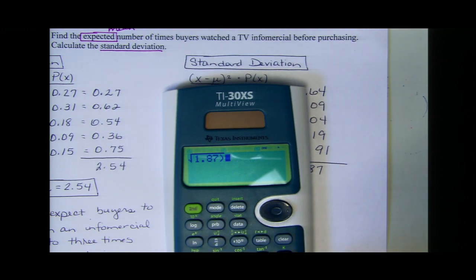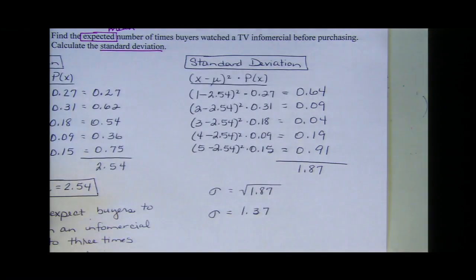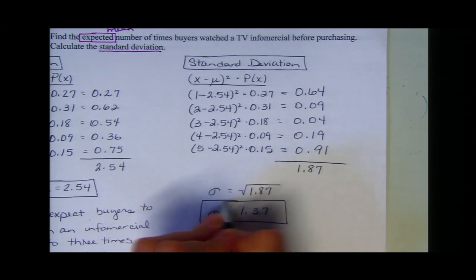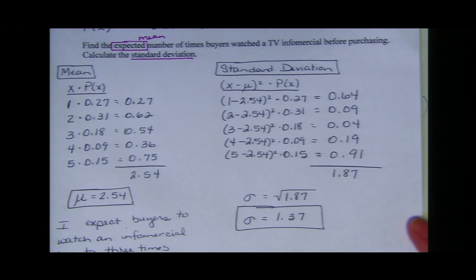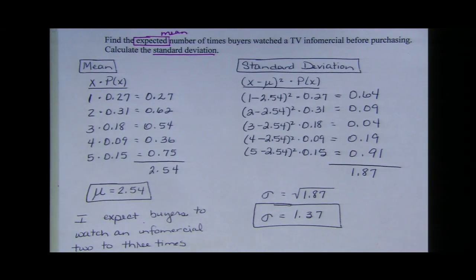Square root of 1.87, there we go, 1.37. So it was correct. So there is how to find the mean and the standard deviation. Definitely one of the longer calculations that we have to do throughout the semester.